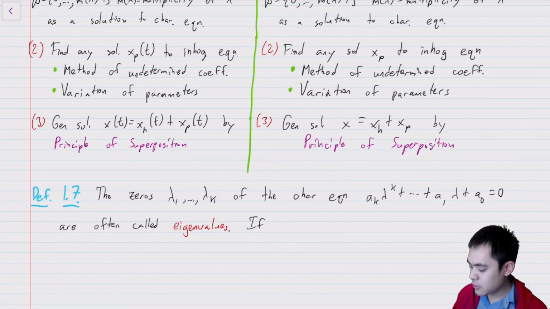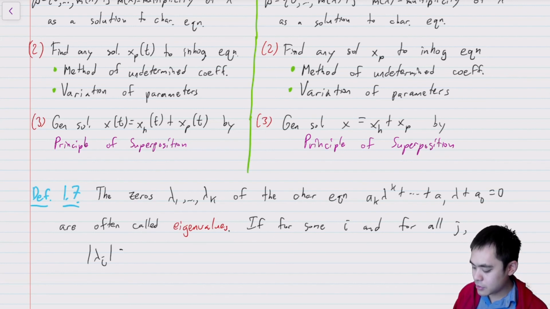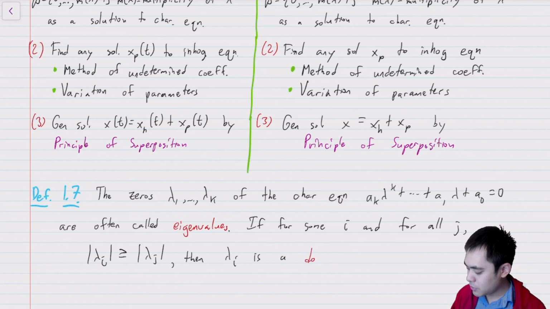And if for some i and for all j, we have the modulus of lambda i is greater than or equal to the modulus of lambda j, then lambda i is a dominant eigenvalue. Because it's larger in modulus than any one of the other ones.